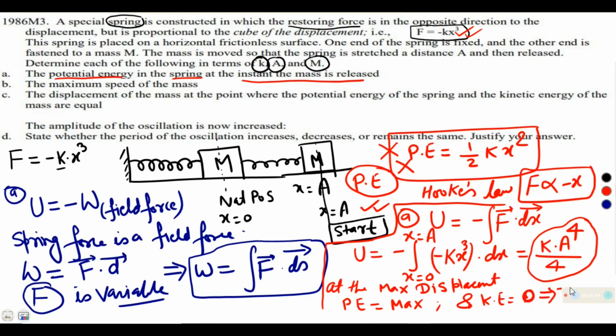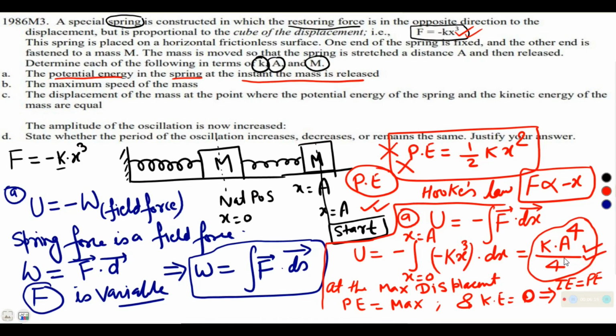So we can say the total energy will be equal to the potential energy at the maximum displacement. So indirectly we can find the total energy of this system.